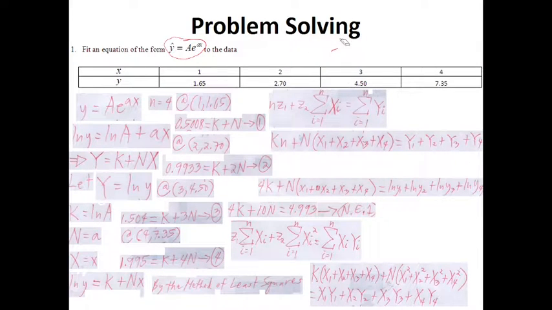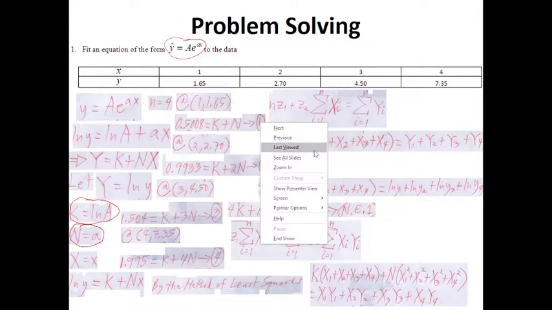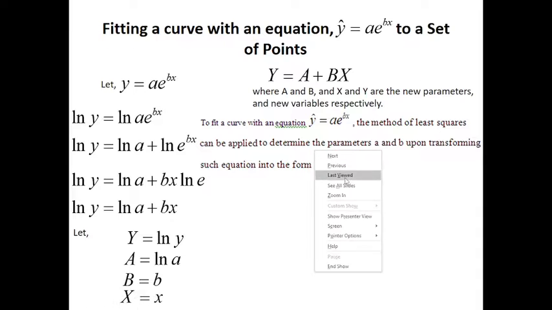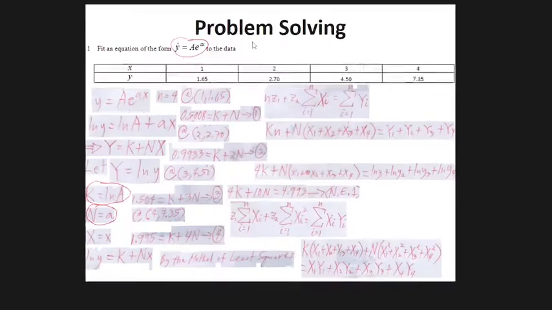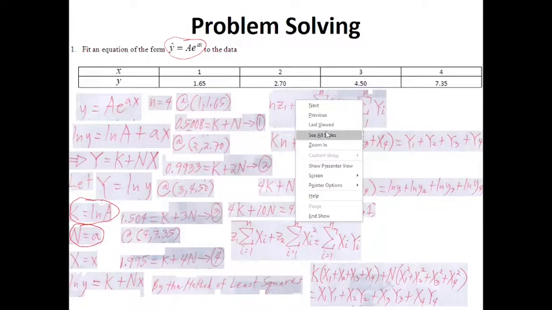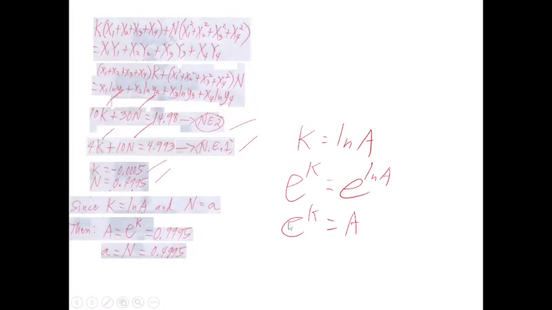Okay? So this is it, right? K equals ln A. Okay? Then N equals A. This is what I said earlier, no? And then here we are. So a equals 0.4995.